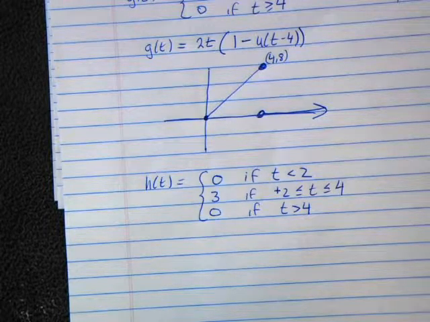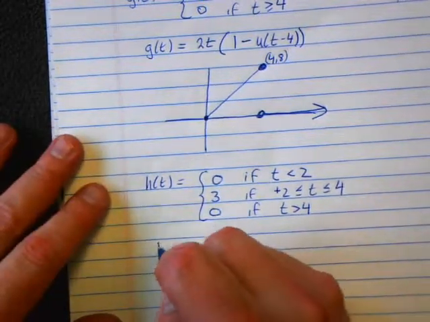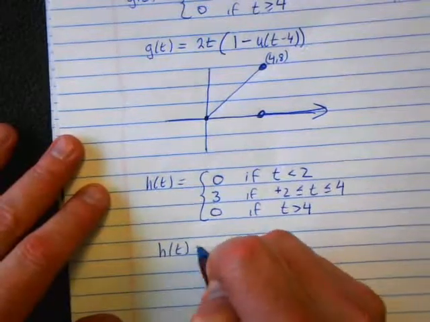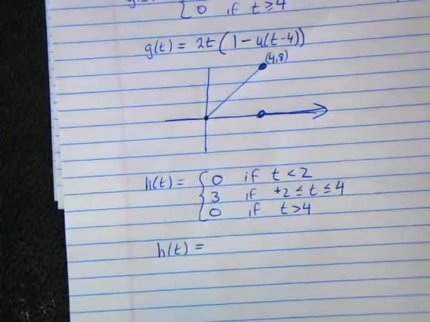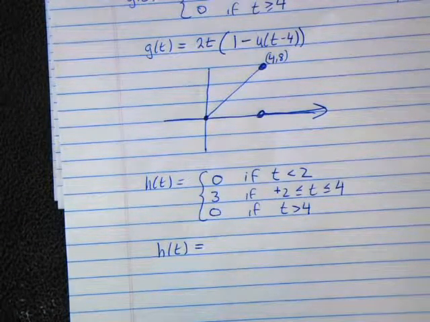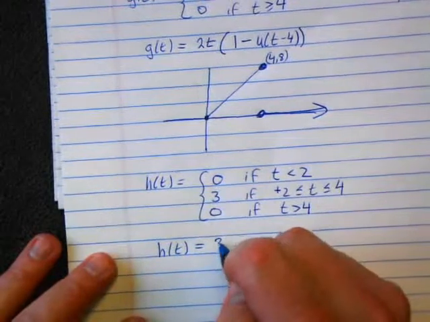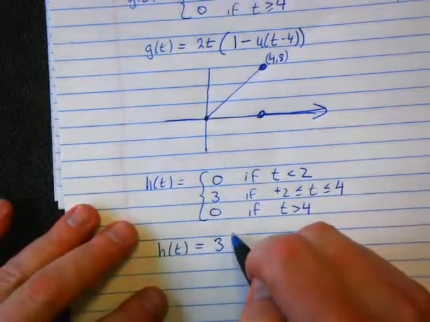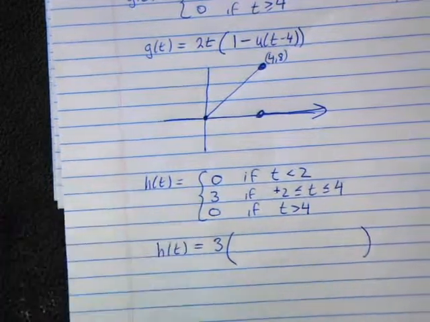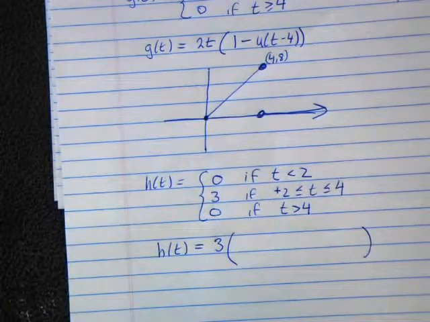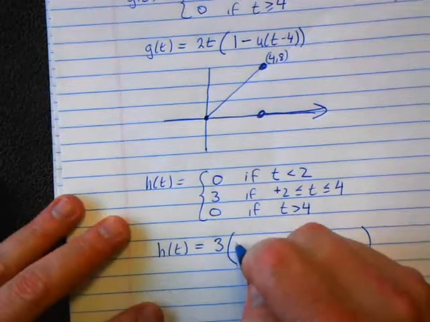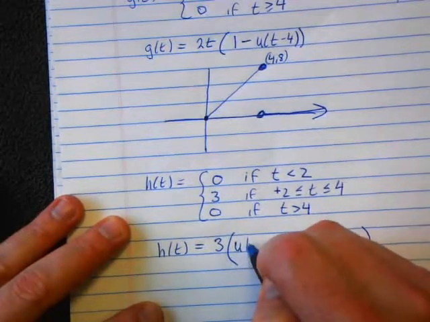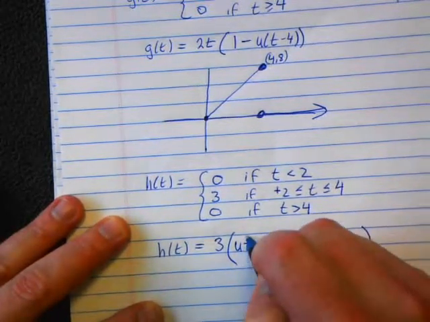All right, so how do I write that using this H notation, or this U notation? Well, the easy part is I'm going to have 3. And then you have parentheses. And you're going to have u of t minus 2.